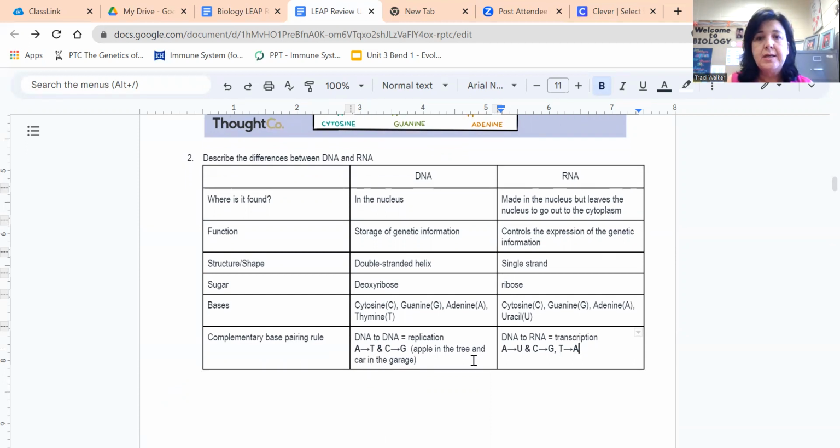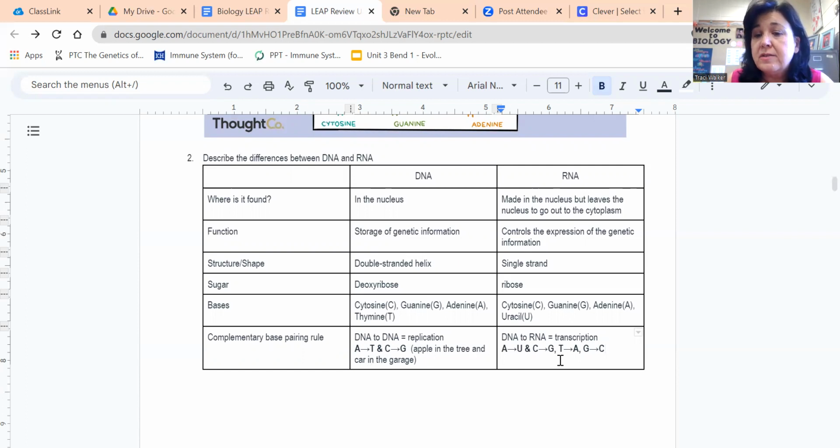Okay. And then RNA, when RNA is involved, you just don't have any thymine. So you still can have adenine, but instead of it going to thymine, it goes to uracil. And you can still have cytosine, which goes with guanine, and you can still have guanine going to cytosine, both directions there.